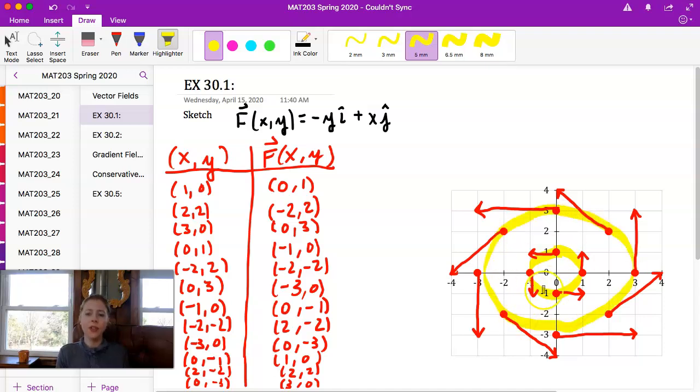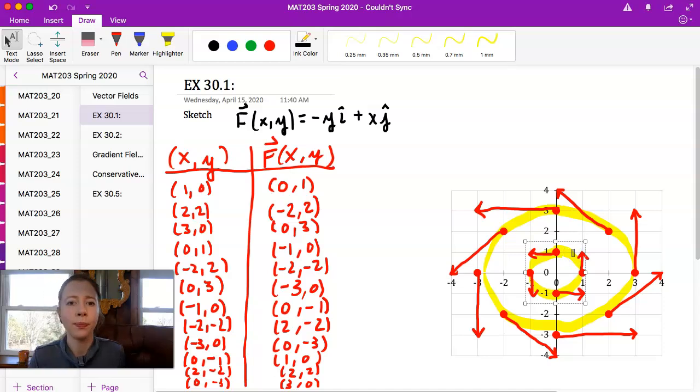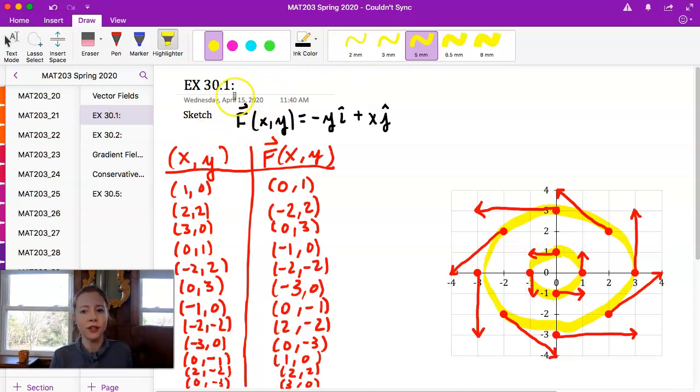So you're seeing a bullseye, and it looks like each arrow is tangent to a circle with its center at the origin, right? You can see that. And so this vector field gives us this circular field with each arrow tangent to a circle about the origin, and the magnitude of the arrows is getting greater as you move outward, away from the center.